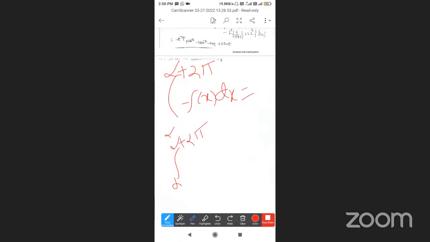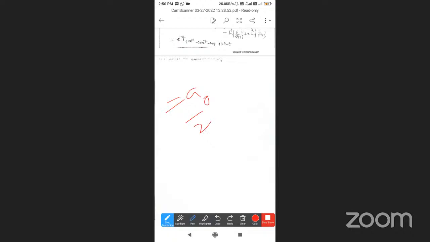the integral of a naught by 2 dx plus the integral from alpha to alpha plus 2 pi of the summation, n equals 1 to infinity, of an cos nx plus bn sin nx, dx. The summation terms integrate to zero, so only the first term remains. a naught by 2 into 1 into dx gives x, with the limits upper minus lower: a naught by 2 times alpha plus 2 pi minus alpha.